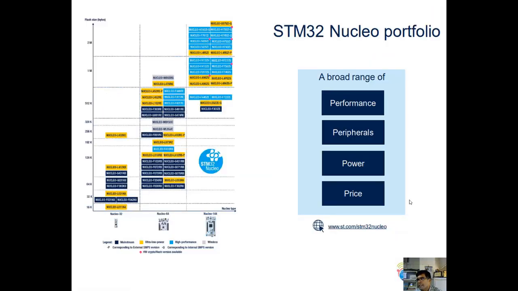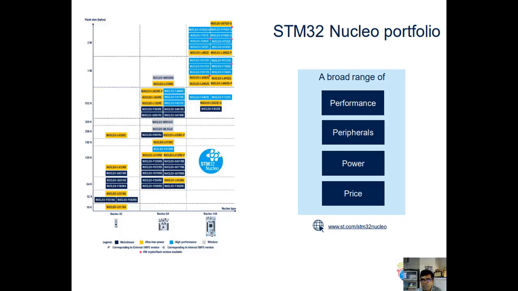And on the basic things related to Nucleo, there are many Nucleo series which we have seen, like the 32 series, 64 series, 144 series. The graph plotted here shows the internal flash, because if you are going with a very small, ultra low power application, your code size will be very minimal, so you won't need large memory. The chart shows that flash varies between 16K and something around 2 MB of internal flash.